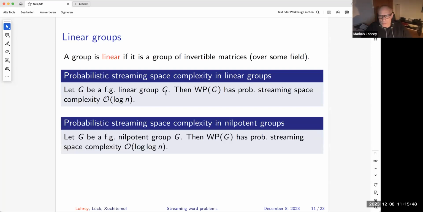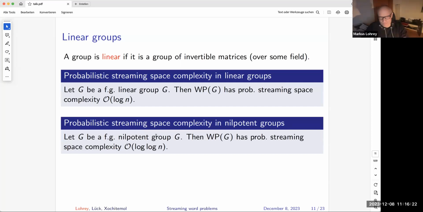For nilpotent groups, the word problem even becomes log n, the probabilistic streaming space complexity, if you have a finitely generated nilpotent group. And it's again similar. You evaluate matrices. If you have a finitely generated nilpotent group, there is always a finite index subgroup which is torsion-free, and this finite index subgroup can be embedded into a group of unitriangular matrices.